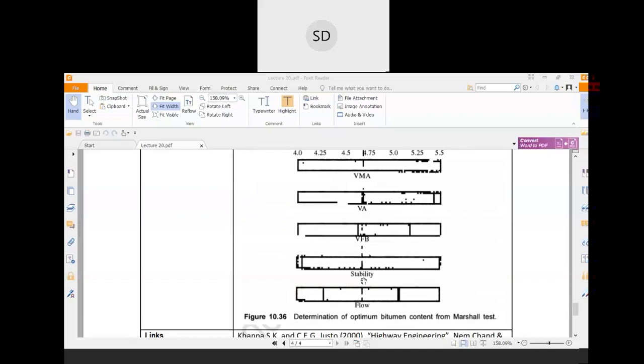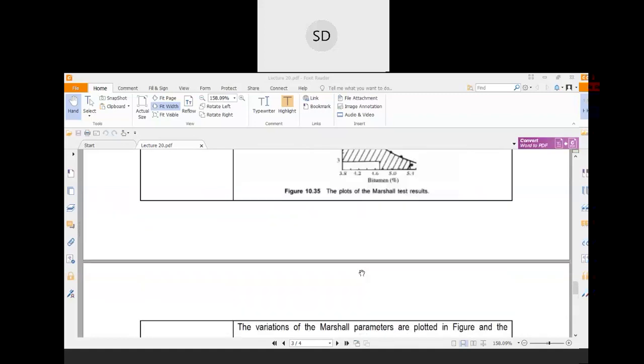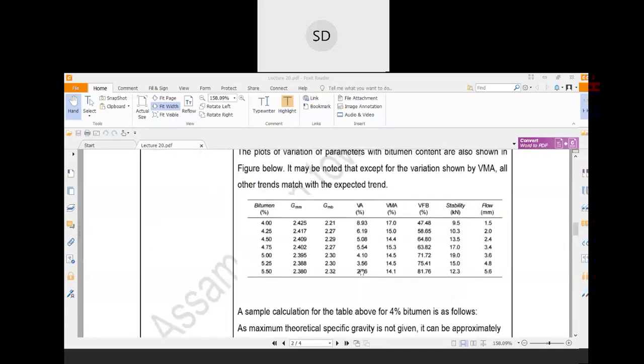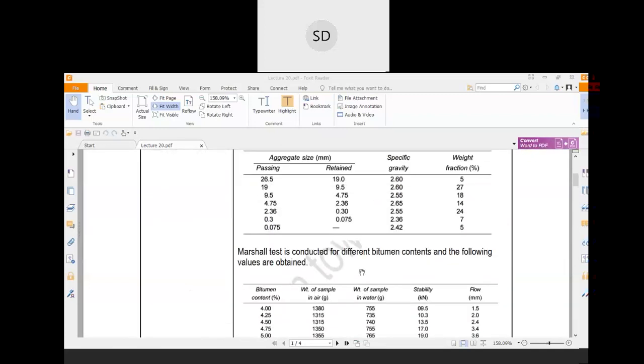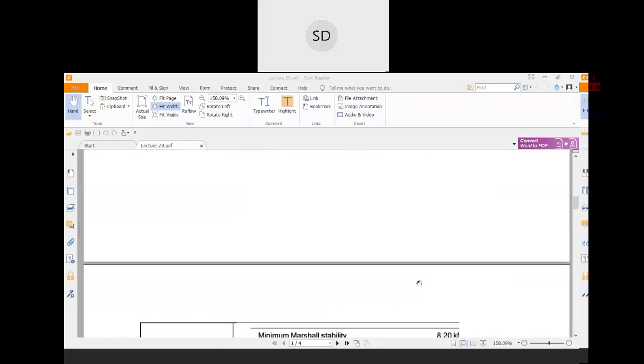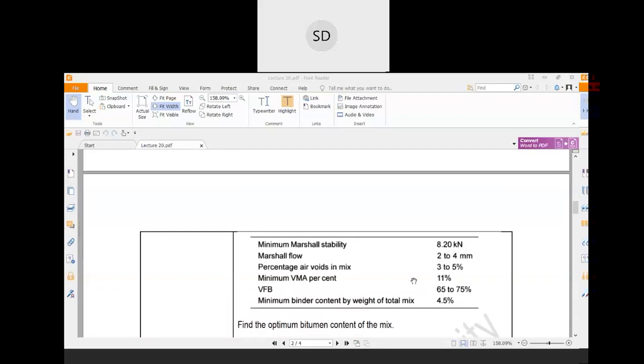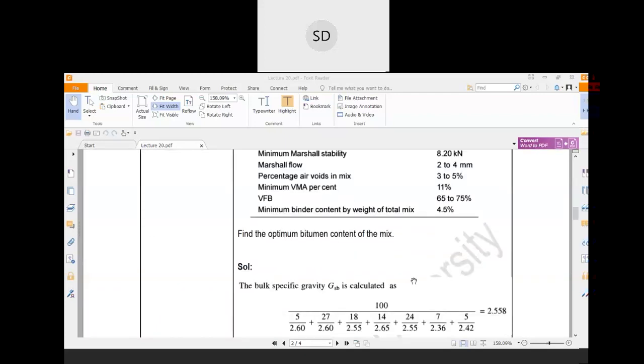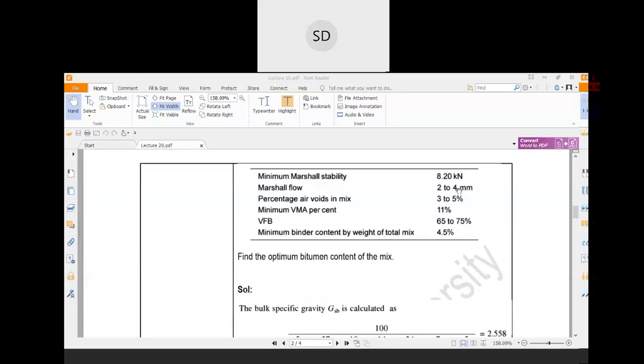Next, you have to find out the stability value. For the 4.6 or 4.7%, you have to find out what stability value is given. See, that stability value is given as like 13.5, which is also within the limit because your limit was 8.2 kilonewton.